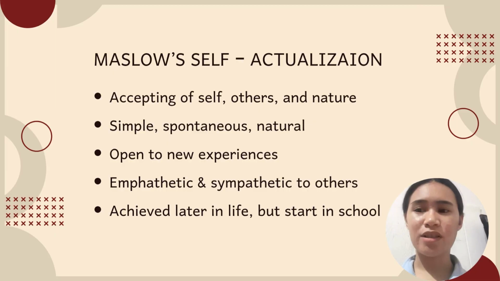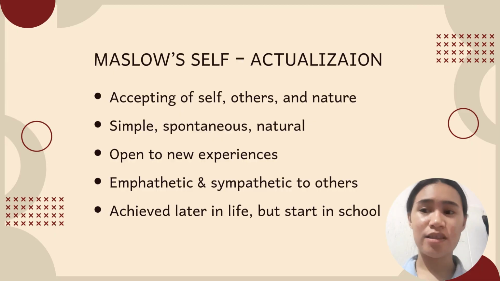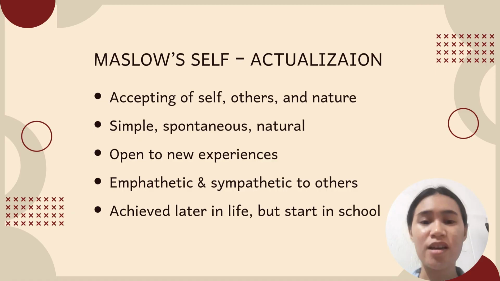A self actualized individual accepts himself and others, is natural and spontaneous, open to experiences, and shows empathy. While this is often achieved later in life, the process must begin in school.